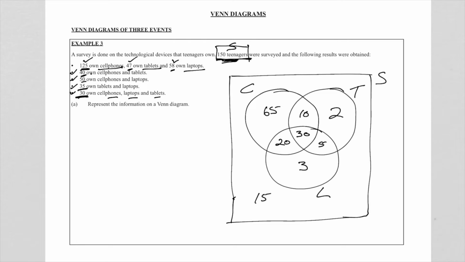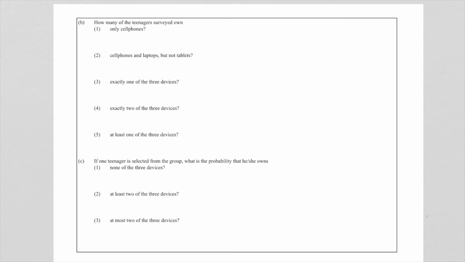So if we look at the first question, they ask us, how many of the teenagers surveyed own cell phones only? Now, it's extremely important to read this carefully. The question is how many?